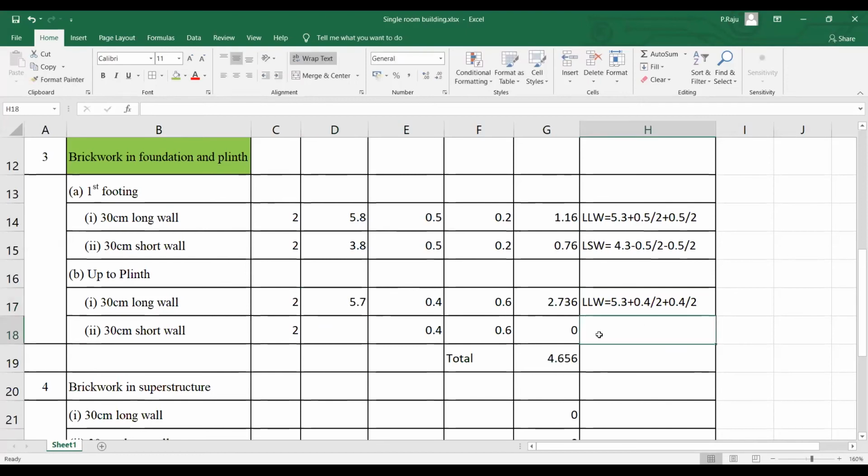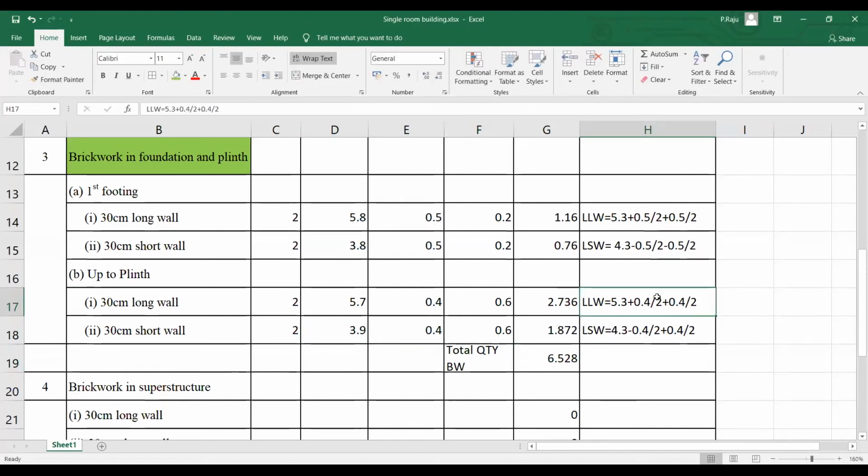Next, similarly, length of short wall is equal to the center to center line length of short wall, 4.3 meters, minus 0.4 divided by 2 plus 0.4 divided by 2. Am I doing correctly or wrong? Yeah. So it is completely 3.9 meters. So the total quantity is 1.872, and this is the total quantity of brickwork.